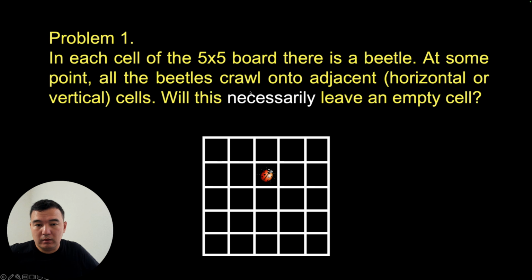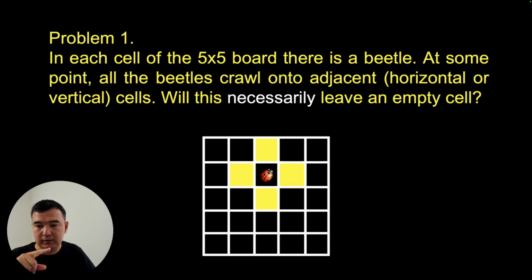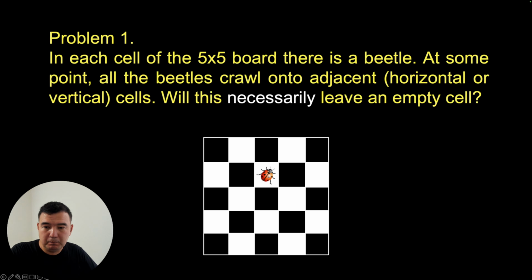So let's take a look at one beetle. It can move to one of these 4 yellow cells. And the idea is that if you look at this small part of the board, 3x3, you can see that already is alternated coloring. Black, yellow, black, yellow. So if I just do black and white coloring of the board, I just make a clustering of the cells of the board.